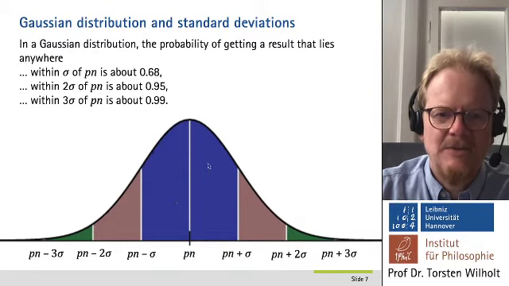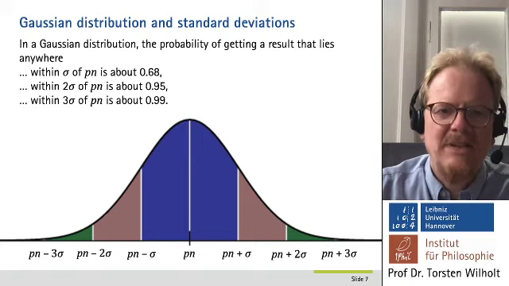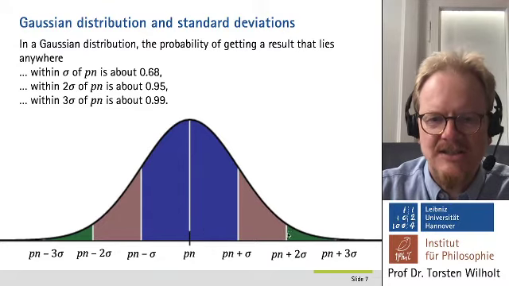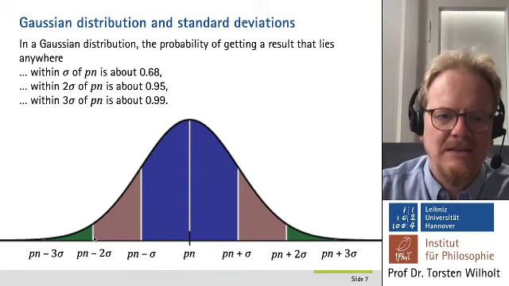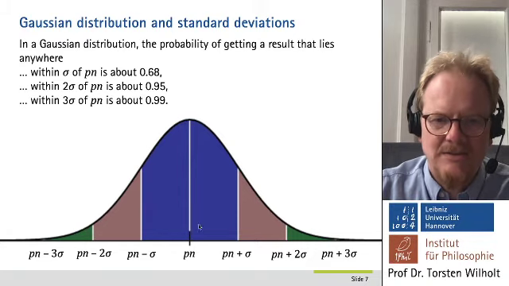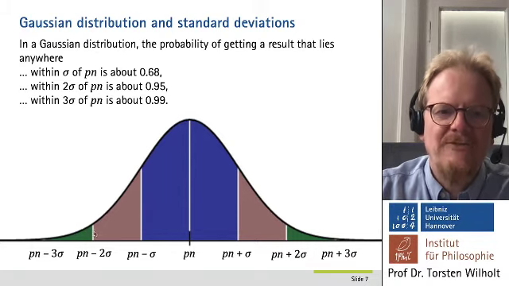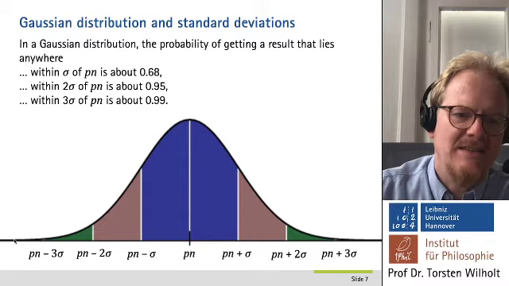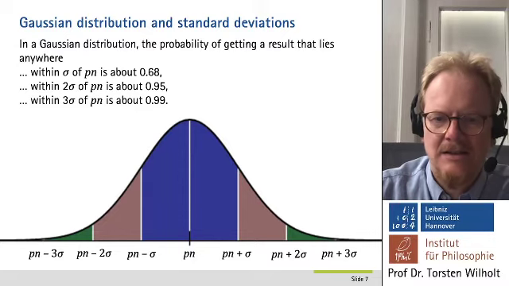About 68% of all cases are here. The probability of getting a result that is within two standard deviations of the mean is about 95%. So only 5% of the cases are in the green areas and the rest here.